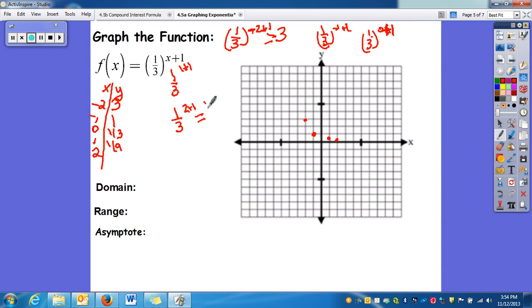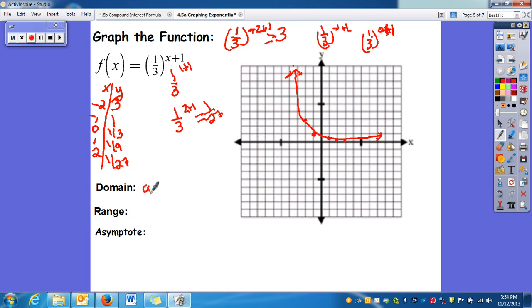And that actually equals 1/27. So again, just plugging in values for x and figuring out the y. So again, I'm getting even closer to, you can kind of see the shape of the graph. It's going to look like this. And notice, it's never going to cross the x-axis.